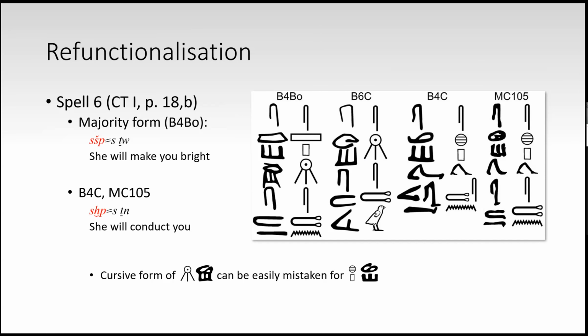However, what is really important here is that the classifier D45 was added after Sekep in these cases. As this classifier makes absolutely no sense with Shesep, it means that this has been added at a later point, but it also means the scribe understood that we're dealing here with a different verb, Sekep, which normally would take the walking legs.